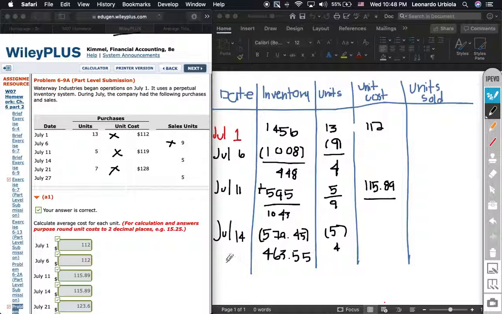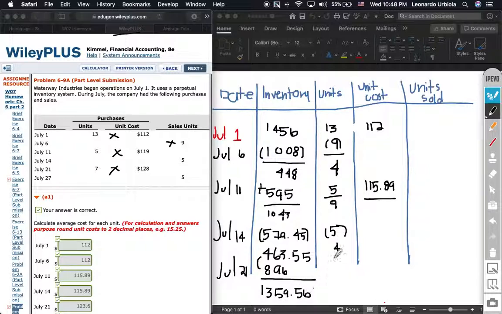And now we will have the result of 896. So if we add that, we will have a total of 1359.56.